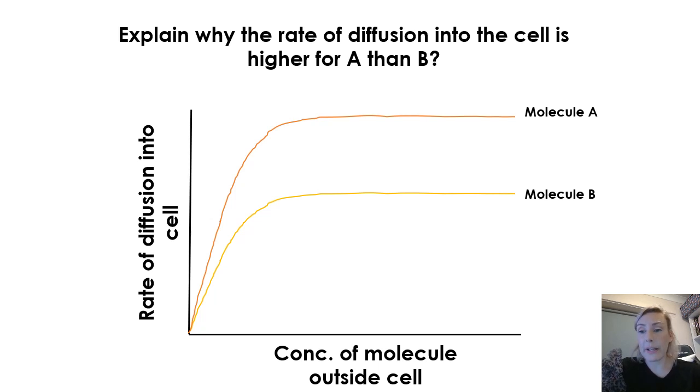So what could explain it? Well, let's imagine the membrane structure, and let's imagine that there are lots more specific carrier proteins for molecule A, or more channels for A, than there are for B. The more proteins you have, the faster that diffusion rate will be.